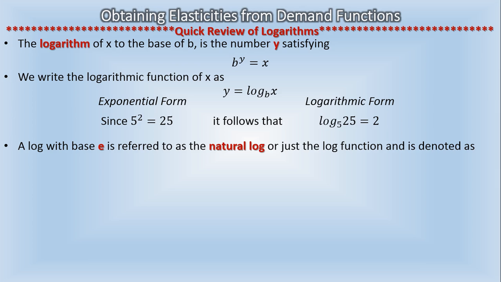But if you have a log with a base of e, we refer to that log as a natural log. Or we can call it just the log function, and it's denoted as ln of x. So when you have a log with a base of e, you just describe it as ln of x. And e is this mathematical constant here.